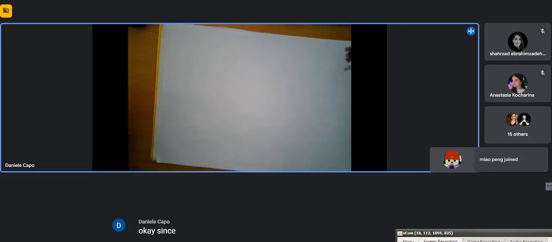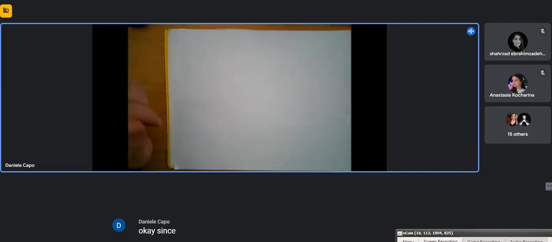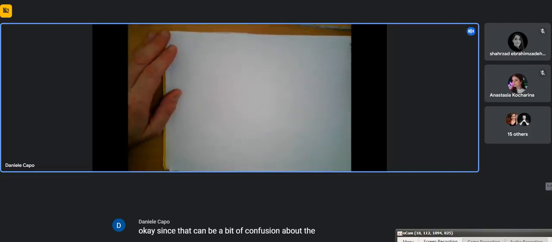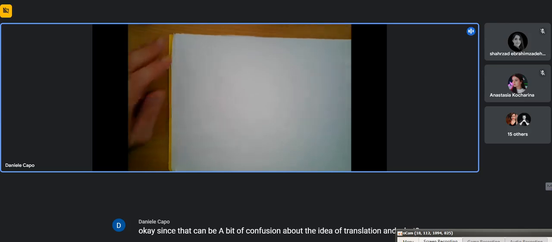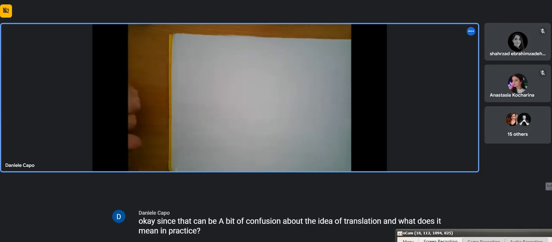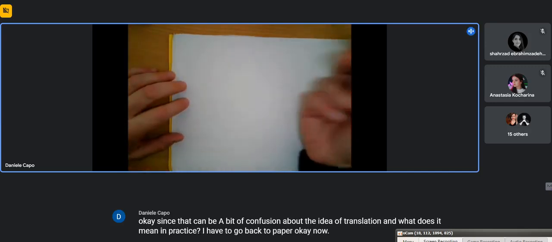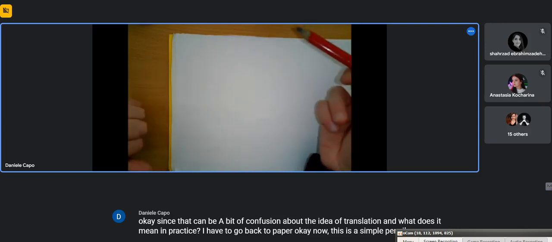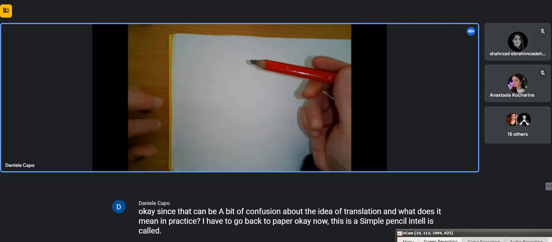Since there can be a bit of confusion about the idea of translation and what it means in practice, I have to go back to paper. Now, this is a simple pencil. In Italy, it's called a carpenter pencil.